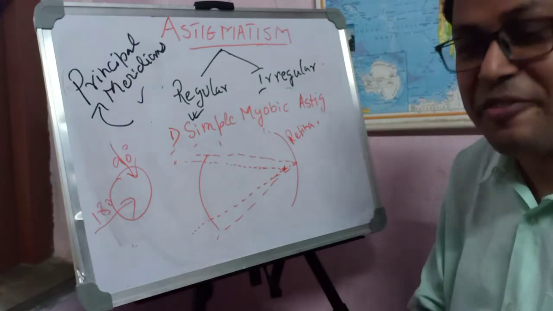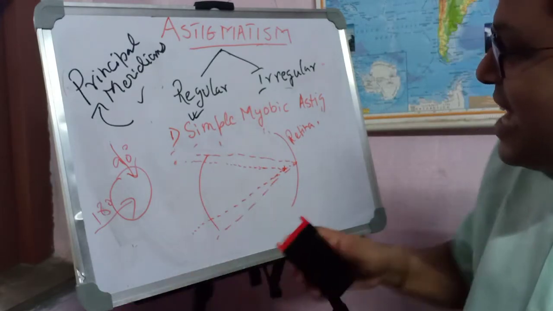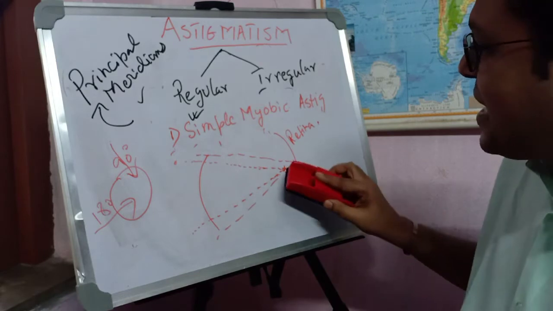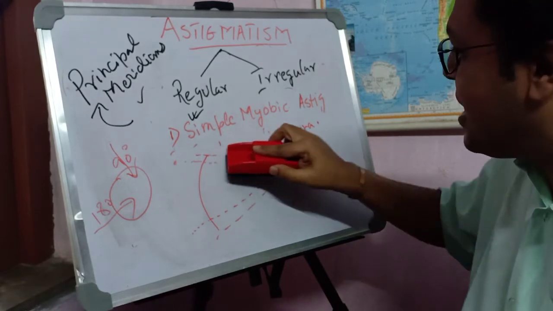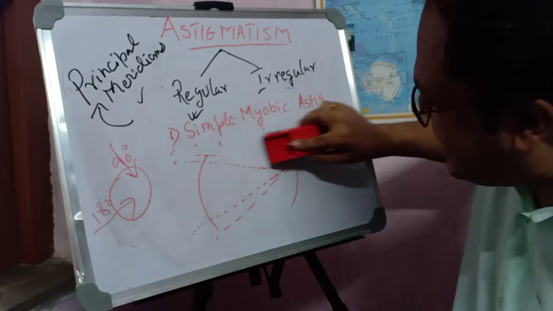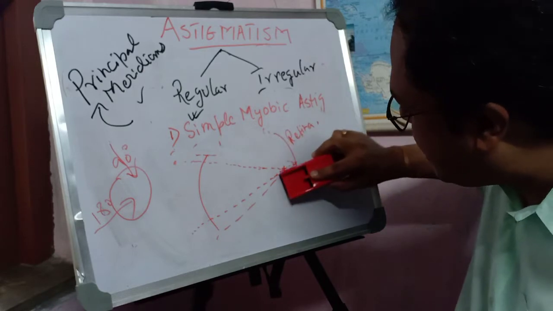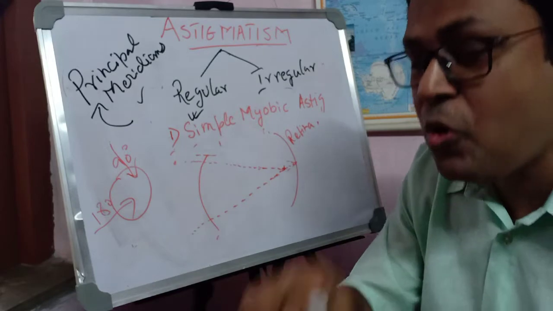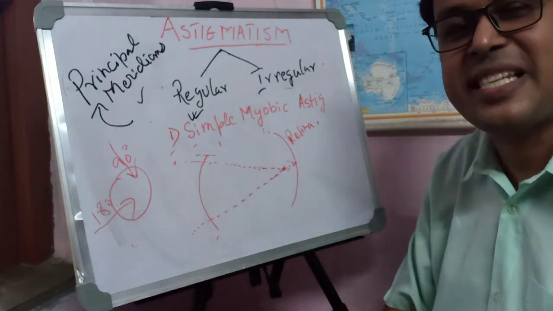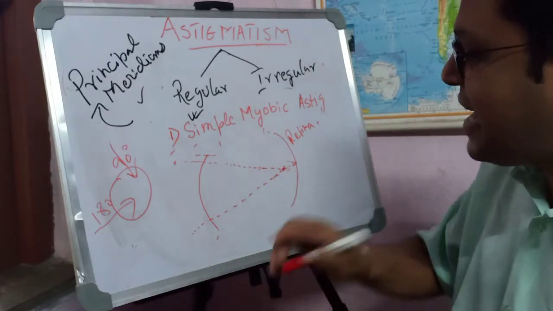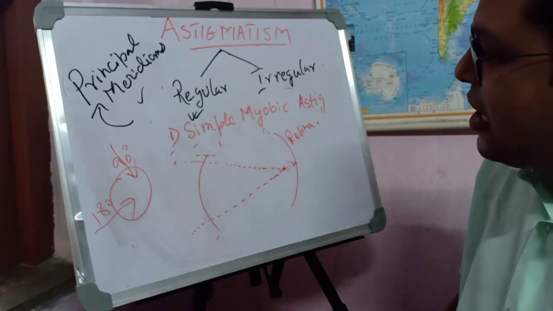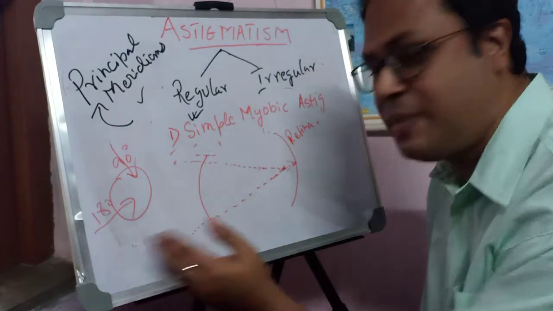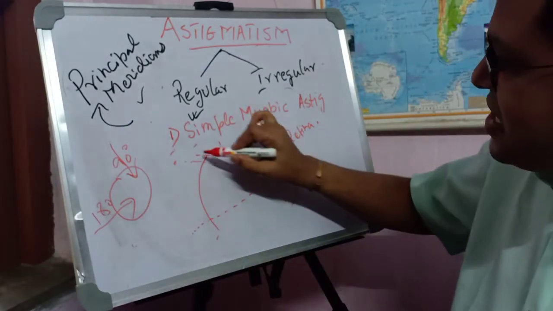Yeah, you're right. You have guessed it very well, that in compound myopic astigmatism, both rays of light passing through the cornea are not reaching the retina. In compound myopic astigmatism, the rays of light that are traveling across the cornea in both the principal meridians are not reaching the retina.